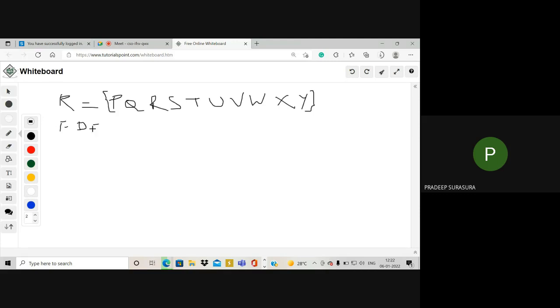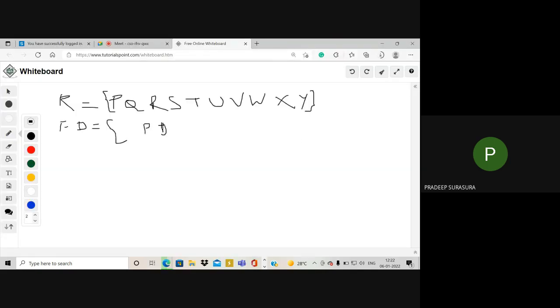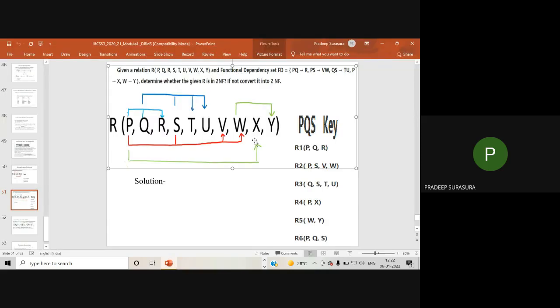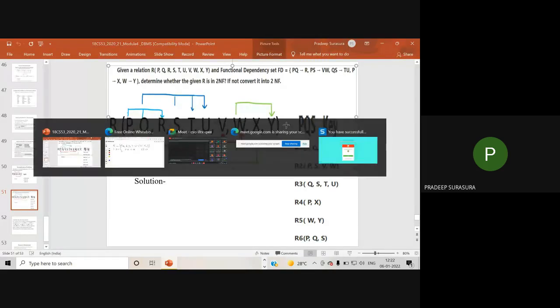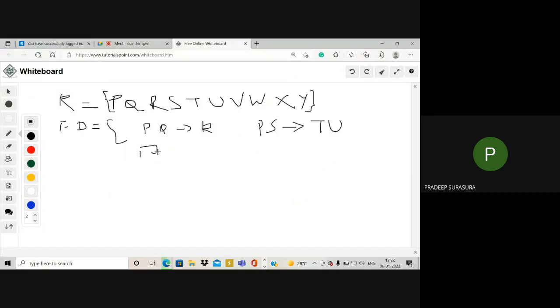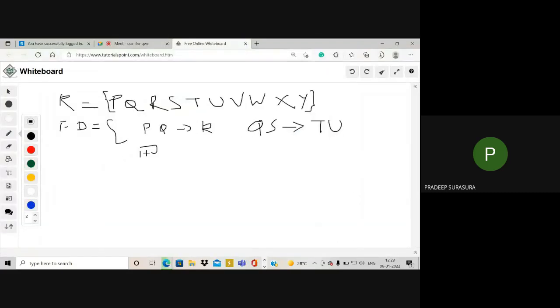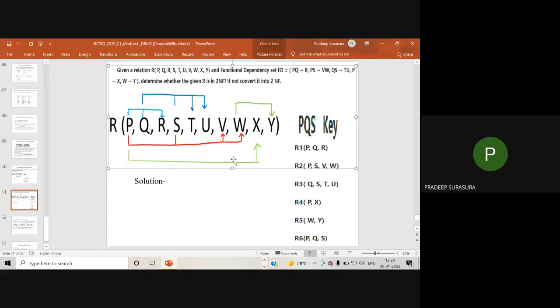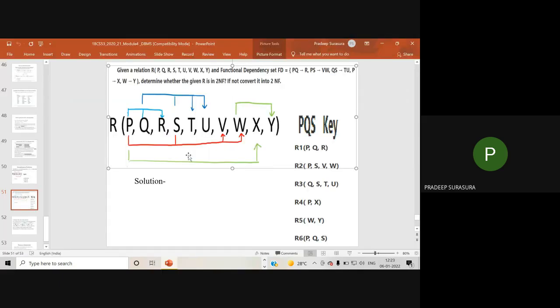What are the FDs? Just observe. In the FDs, I can write PQ determines R. Okay, that one should be Q S, not P S. Okay, I'm going wrong, please let me know.